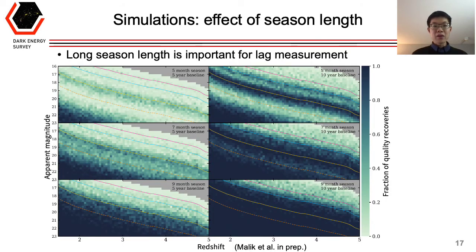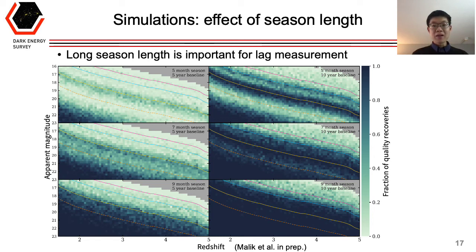We have also performed some simulations led by Umang Malik for the survey design of future reverberation mapping campaigns. This figure shows the fraction of high-quality lag measurements in the space of magnitude and redshift.